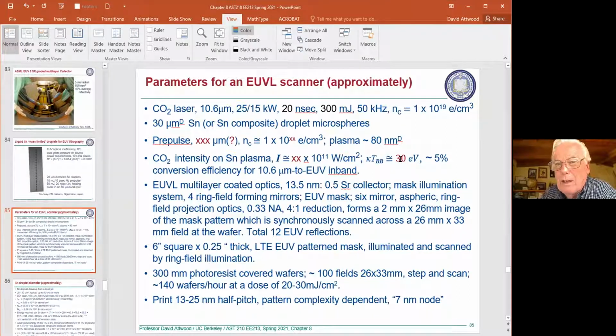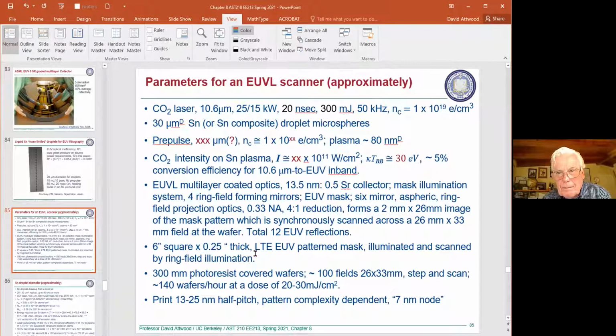That's why you want 30 eV. To get a black body at 30 eV, you need an intensity around 10 to the 11. So this is an example of using that black body just to get ballpark numbers, and they're absolutely perfect. Then you go into the lab and you try a little bit less, a little bit more, optimize it experimentally.